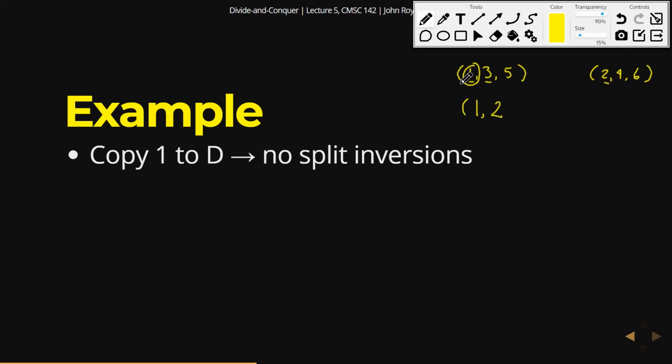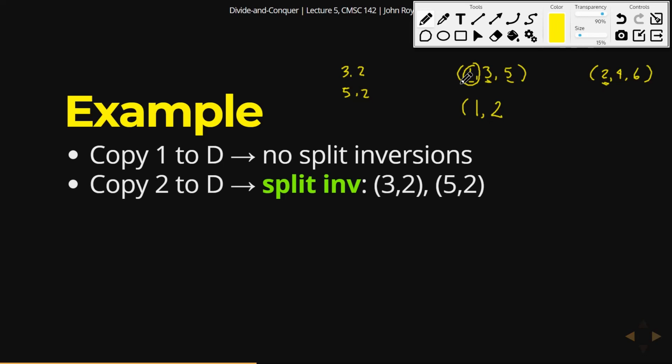But for 2, notice that 2 is involved in the inversions 3, 2 and 5, 2. So we can increment our inversion count by 2. Where did we get 2? 2 is the number of remaining items currently in the left array. So this one and this one.